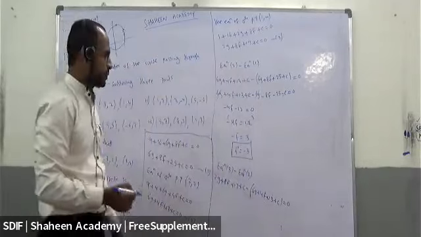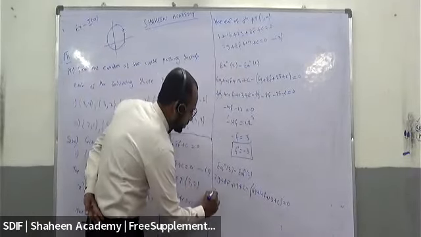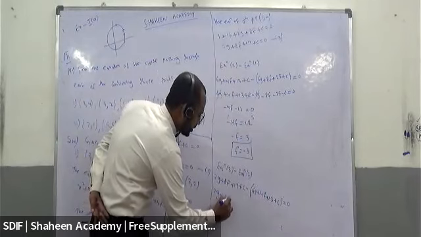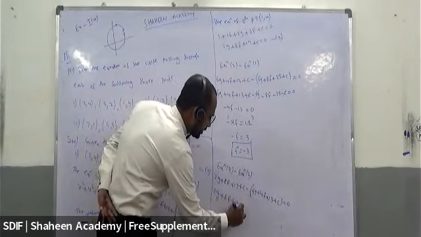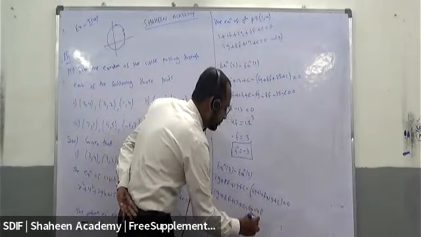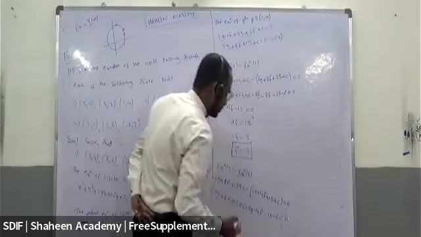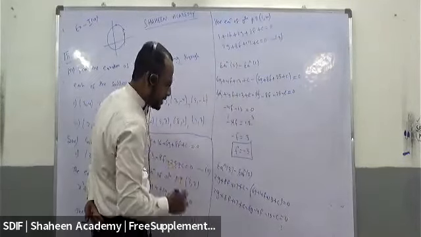Now multiply the bracket with the minus sign and observe what we are getting. So 2g plus 8f plus 17 plus c, minus 6g, minus 4f, minus 13, minus c is equal to 0. Now what terms can get cancelled?